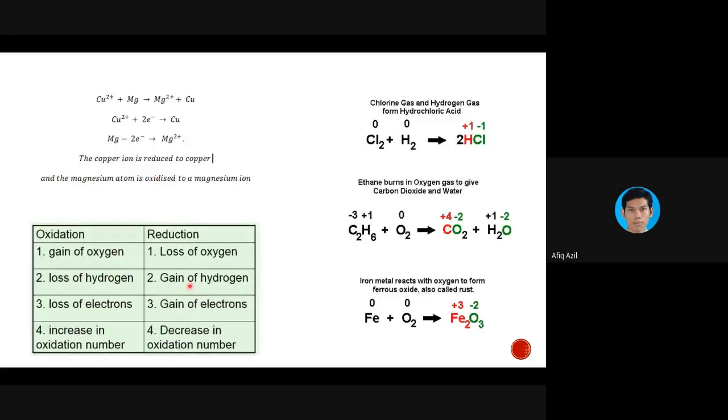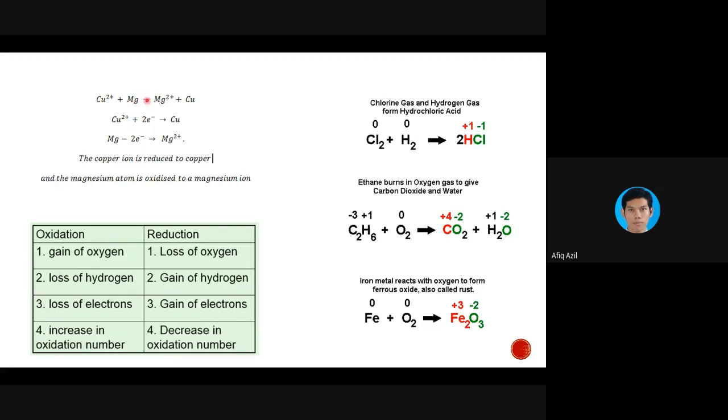So these are some examples of the redox reaction. If you look at the first example over here, you have copper 2 plus ion plus magnesium metal. So this is neutral.